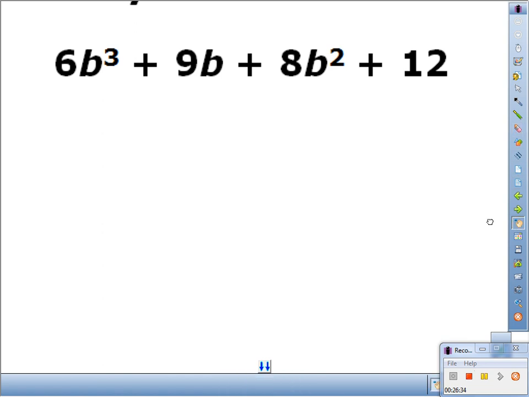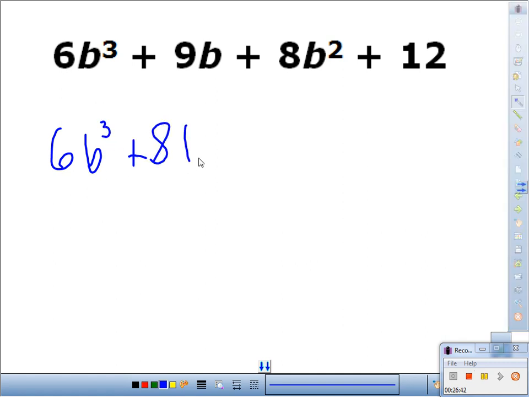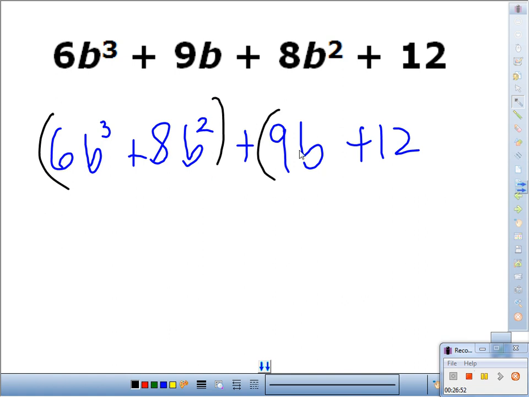Is that in standard form, everyone? No. Therefore, I need to write 6b cubed, what's next? 8b squared plus 9b and 12. All right? The rest of it is the same. You group, GCF, GCF, and so on and so forth. Yeah? You can finish that later.